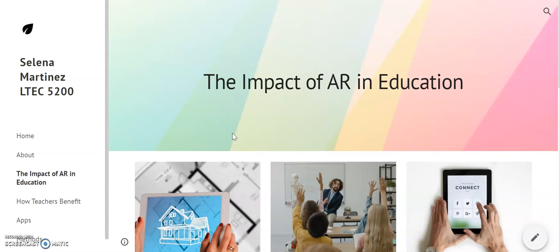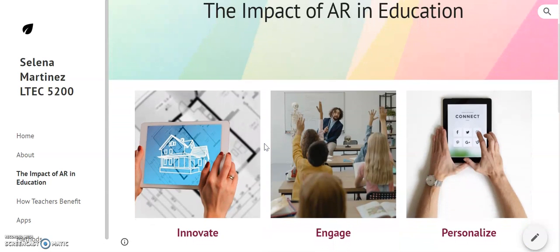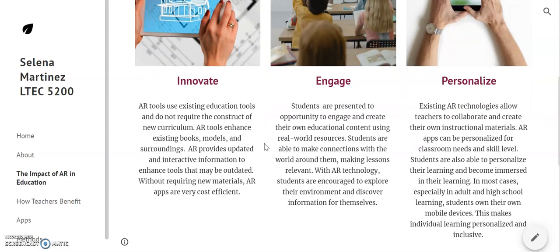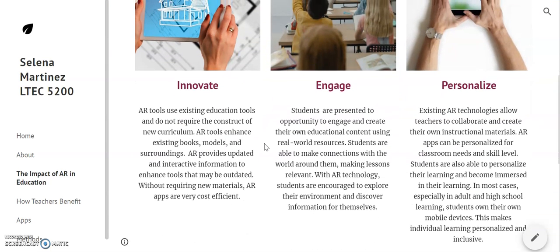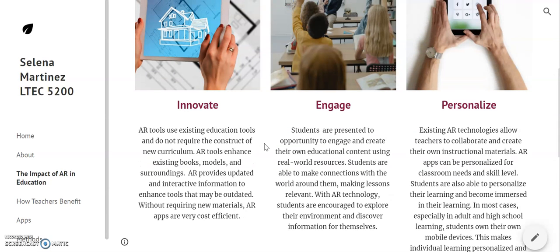On this page, I start to further discuss the impacts of augmented reality and how it can benefit our students. This was a little difficult to go in depth with because there are so many ways that augmented reality benefits our students, and it was hard to narrow it down. But I narrowed it down to my three top ways that augmented reality can benefit the classroom.